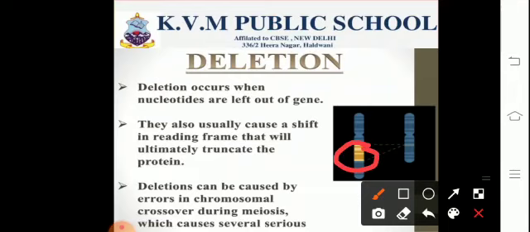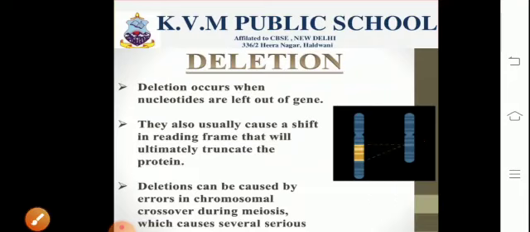As can be seen here, in this chromosome there is a gene denoted by yellow coloration, whereas in the new strand the gene is missing. Deletions usually cause a shift in the reading frame that will ultimately truncate the protein. They are caused by errors in chromosomal crossing over during meiosis.